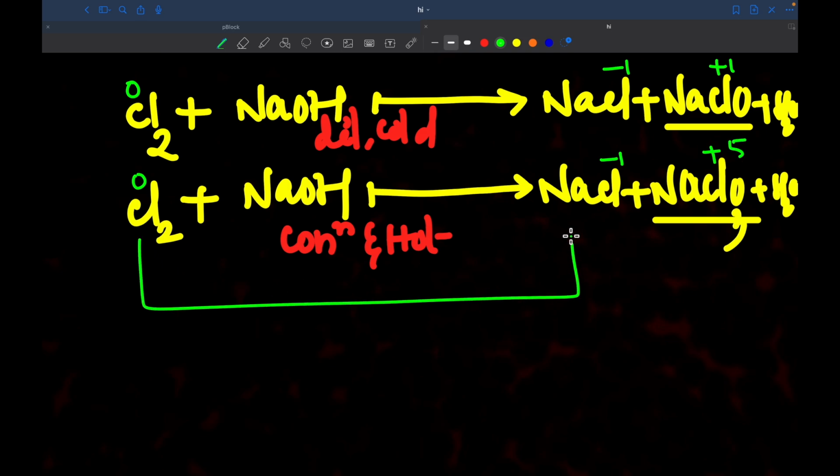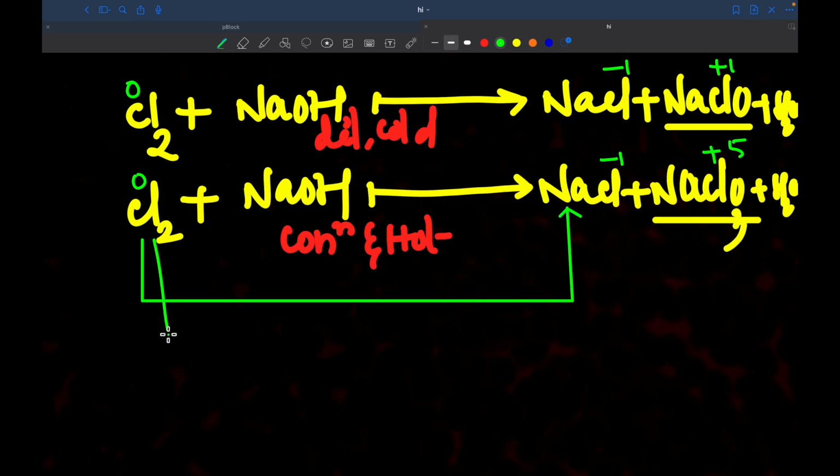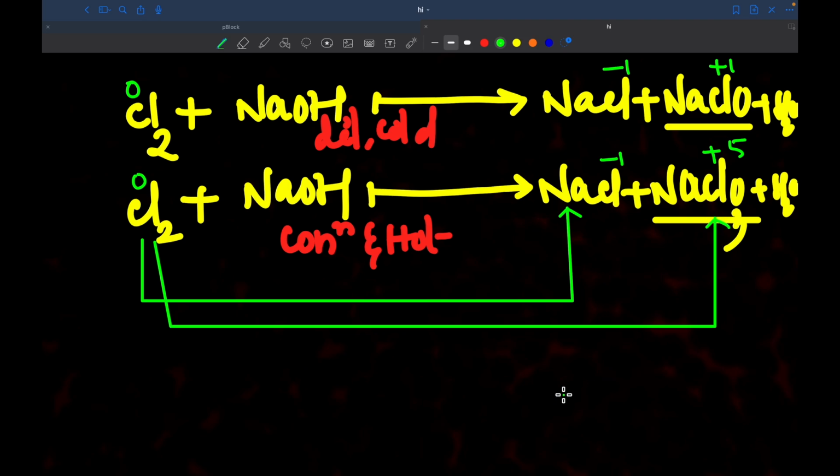If you check this, chlorine has been reduced and the same chlorine has been oxidized. So this disproportionation reaction, this is the reduction reaction, this is the oxidation reaction. But the thing is that dilute and cold, concentrated and hot.